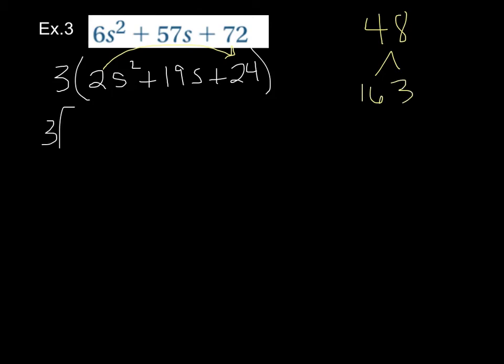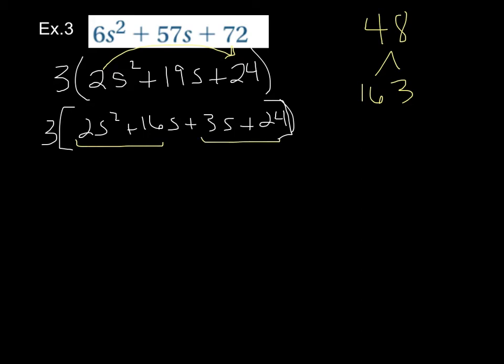So I've got 3 times 2s squared plus 16s plus 3s plus 24. Okay. And now I'm going to factor by grouping. Group the first 2, group the second 2. So I can factor out a 2s from the first group, leaving an s plus 8.